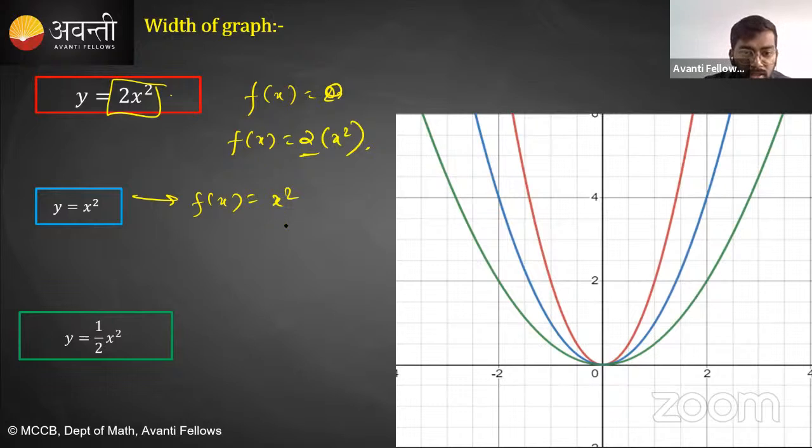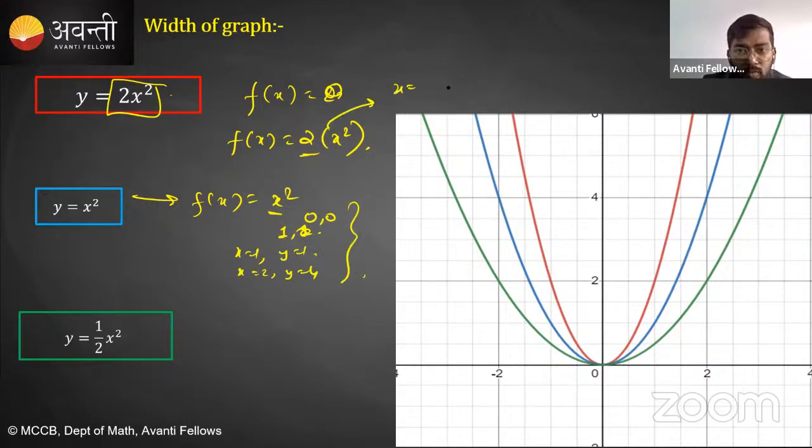See, for 0 you are getting 0, and when x is 1 then y is 1, when x is 2 y is 4, right? But over here, when x is 1 y is 2, when x is 2 y is 8, right? So it is getting higher values for lower x's.